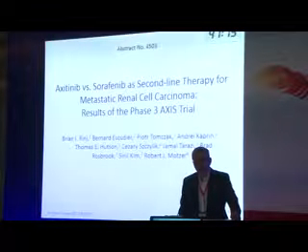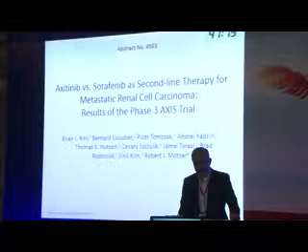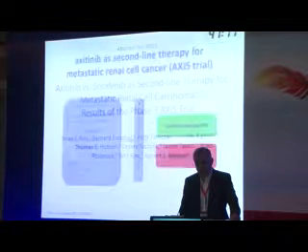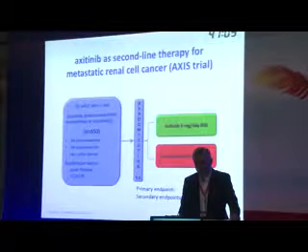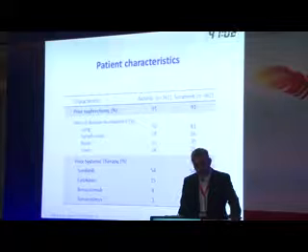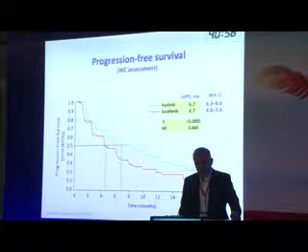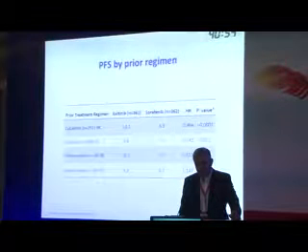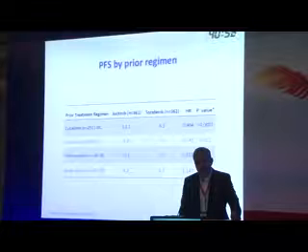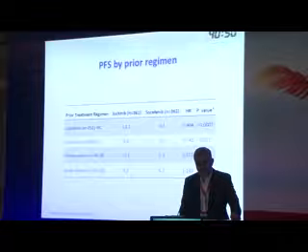And as I mentioned earlier, the AXIS trial was the first trial which proved the concept of axitinib being superior to sorafenib, which was the standard of care. These are the patient characteristics, and the progression-free survival, which was the primary endpoint, was met, as we mentioned, mainly after cytokines or sunitinib. This is an effective treatment.